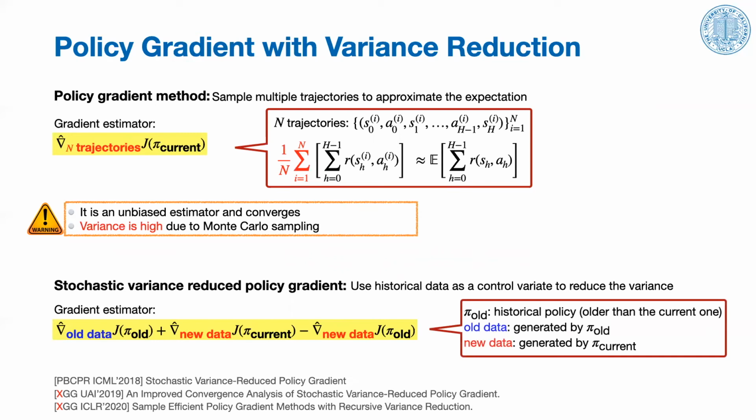The old data was previously generated by pi_old, and the new data is the samples we need to generate from the current policy. The extra two terms based on an older policy serve as a control variate, and it effectively reduces the variance of the gradient estimator and accelerates the convergence.